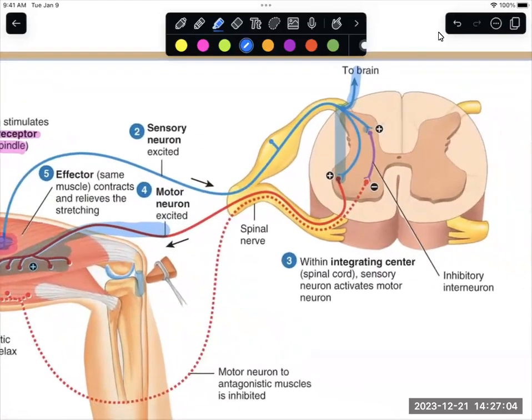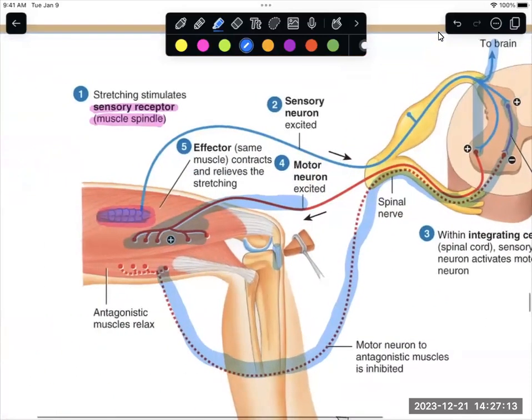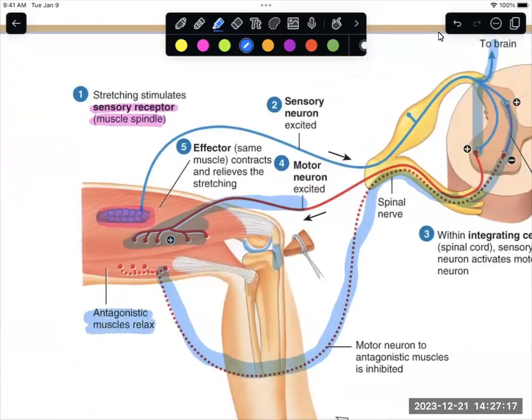It's going to connect to this interneuron that is going to send this information out to inhibit those hamstrings, meaning we want those hamstrings to relax so that this quadricep muscle up here can contract and cause the leg to kick out. All of this is happening just by hitting that patellar tendon.